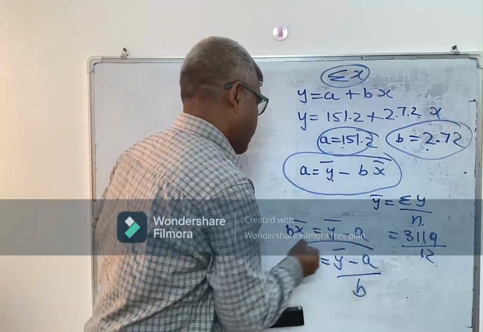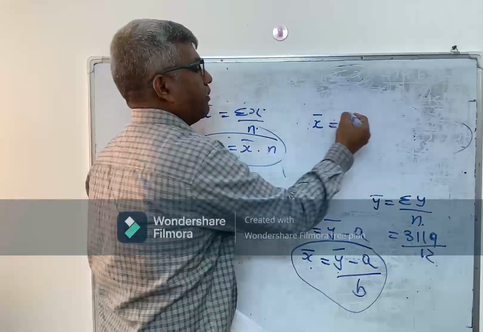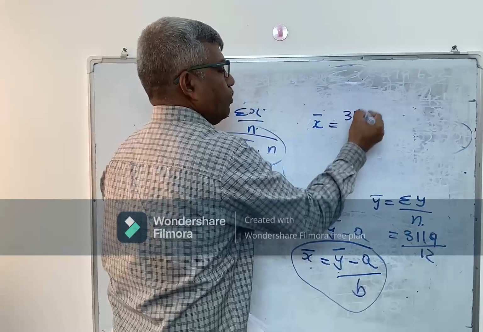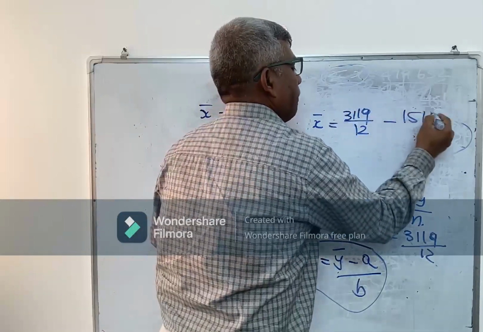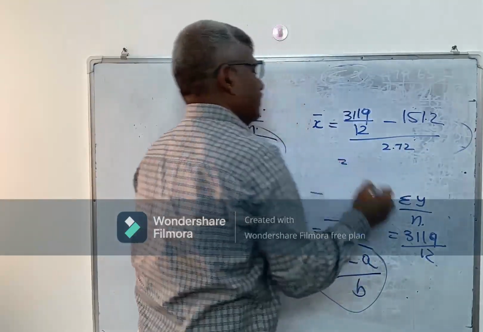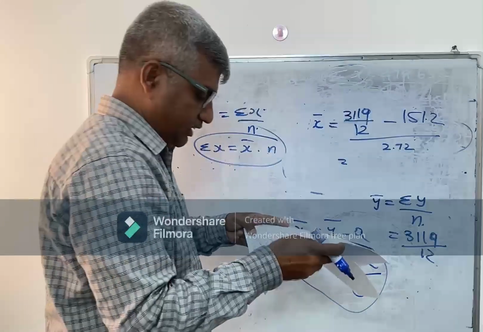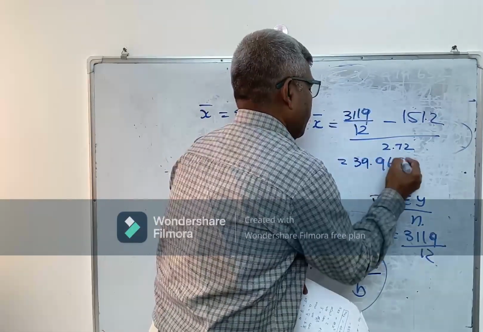This is the equation we found for x bar. x bar is 3119 over 12 minus a, which is 151.2, over b, which is 2.72. You just calculate, and you will get 39.9693.